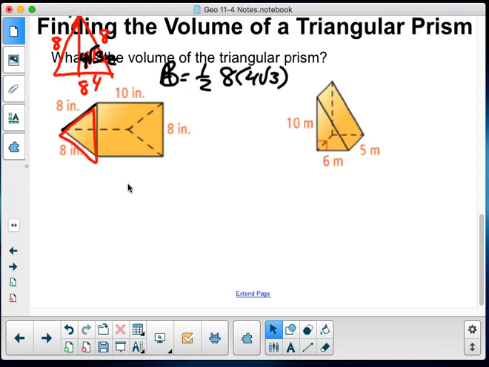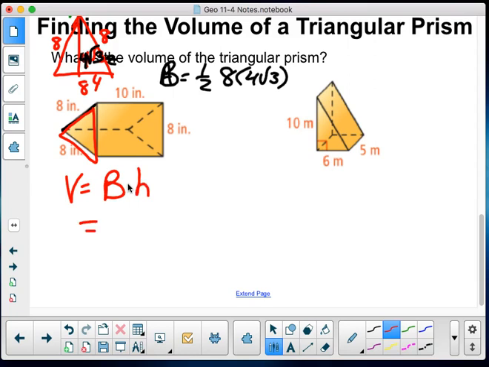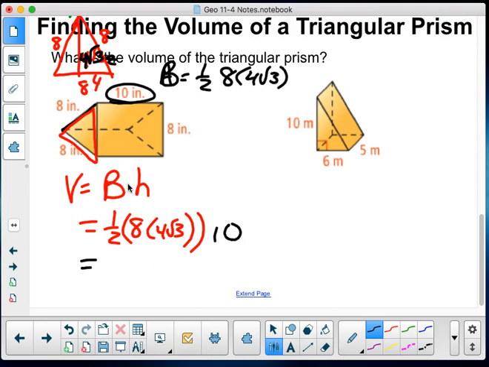Okay, so let's extend that page. And I got volume is equal to the area of my base times my height. Well, I just found the area of my base. 1/2 times 8 times 4 times the square root of 3. Okay, that's my base area. Times my height. My height is the separation of my bases, 10 inches. So now I'm grabbing my calculator.